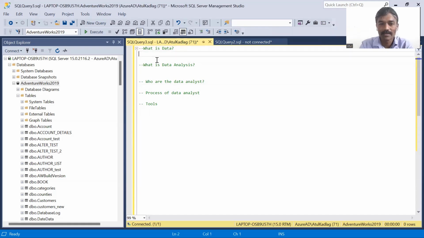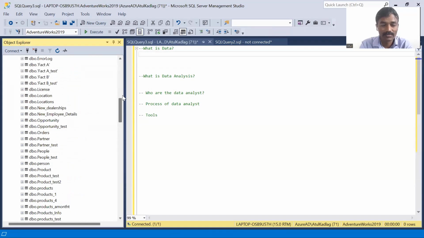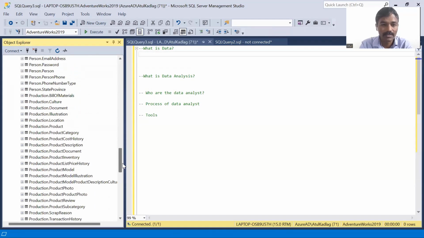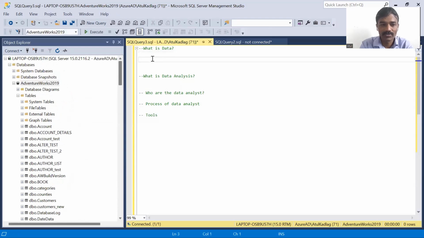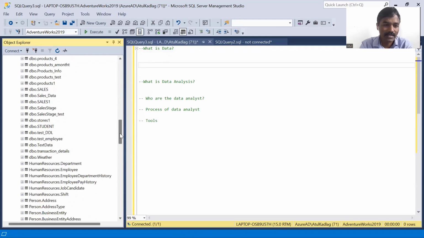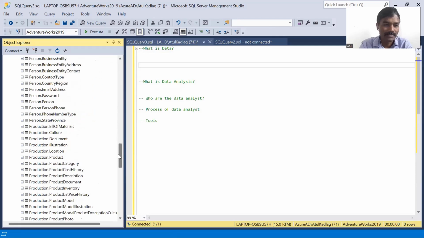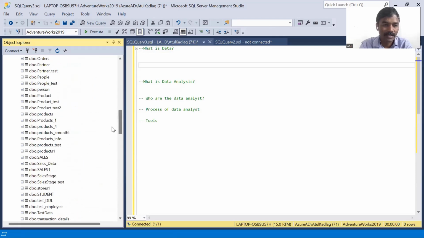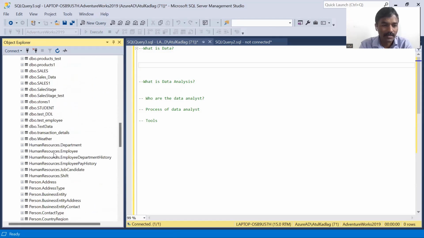So how can we see data? Let's say we have some tables like in SQL. If you are aware of SQL tables, this type of data gets stored in SQL tables. Let's take one of the tables, say the department table.